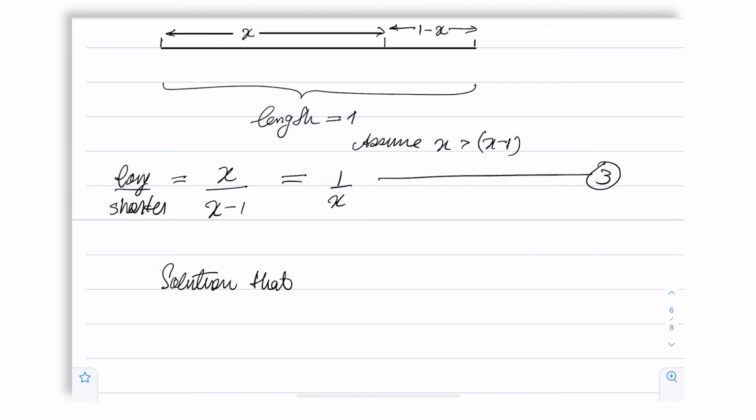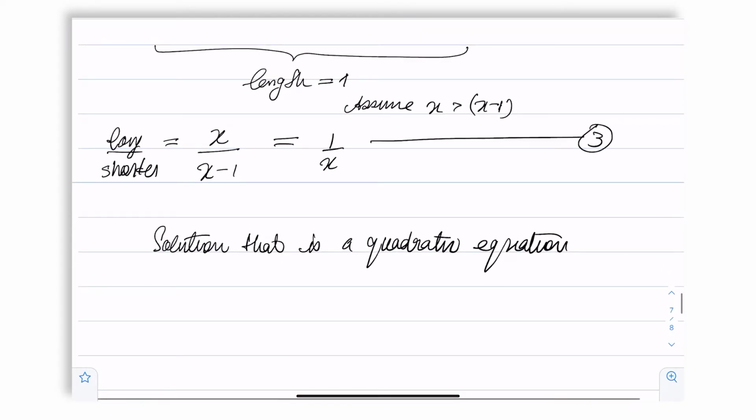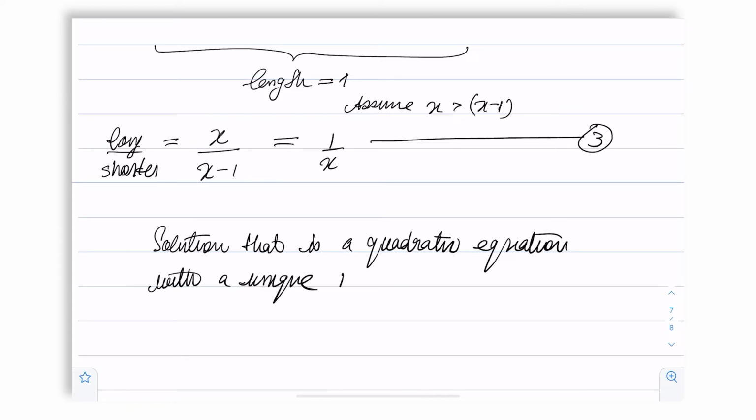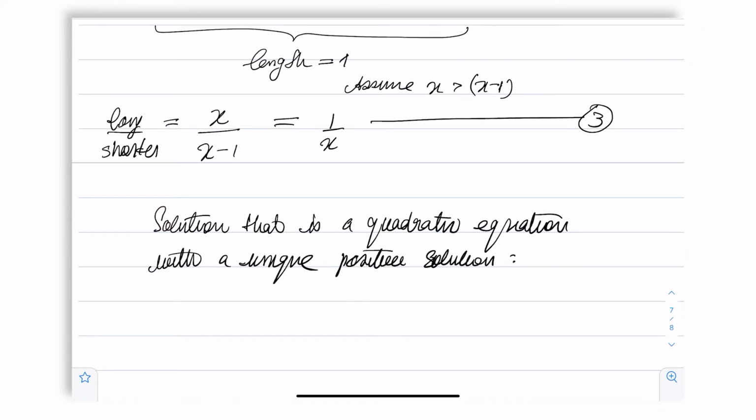Such an equation results in a quadratic equation with a unique positive solution, which goes as this: x is equal to root 5 minus 1 by 2, and that is equal to 0.618.